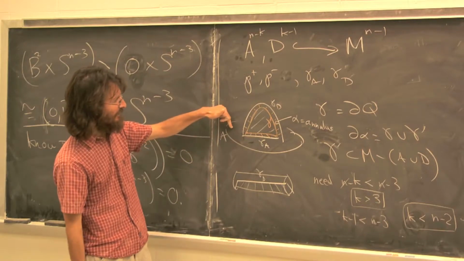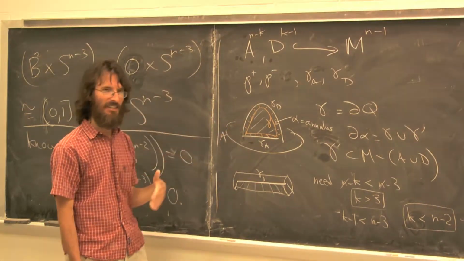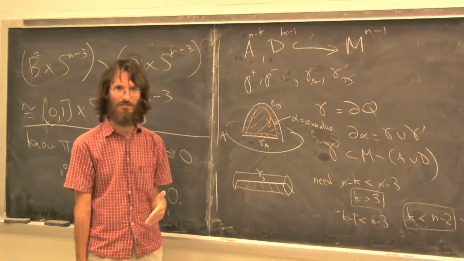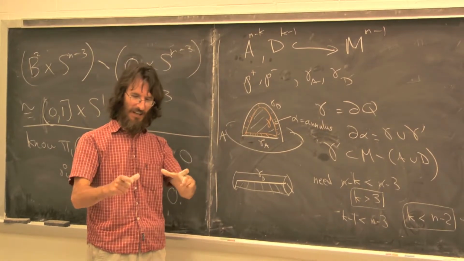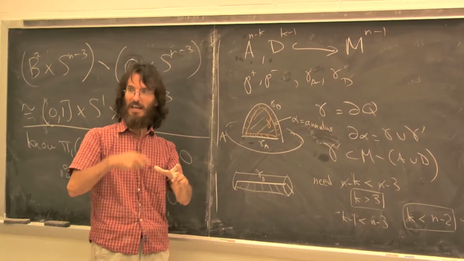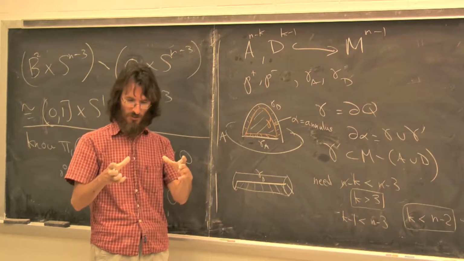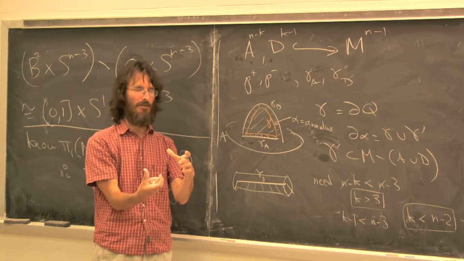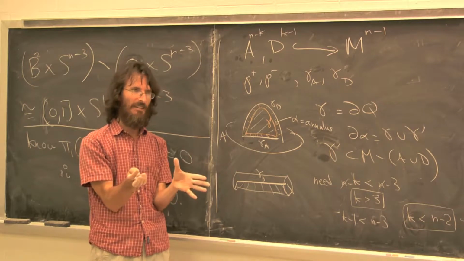The point is, you take A union this disk, and the disk Q, by construction, intersects A transversely, because we started out with a transverse annulus. So we've got A and we've got a half disk meeting it transversely. Therefore, we can take a neighborhood of A union a neighborhood of the half disk Q, and that's a ball, right?